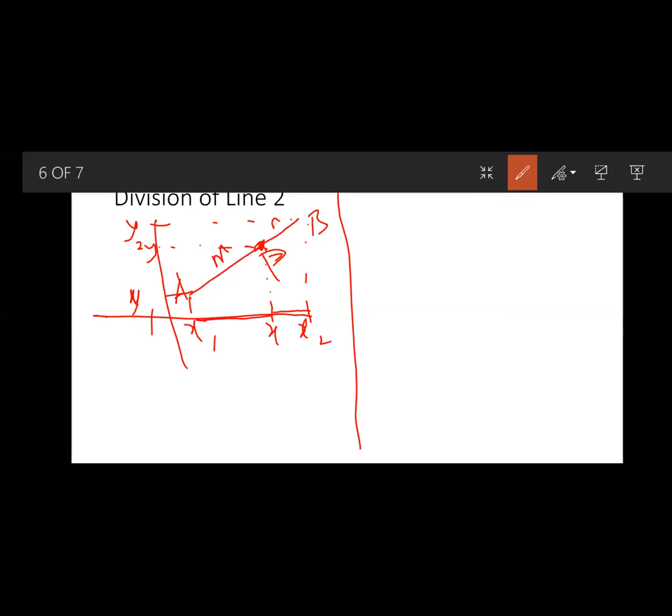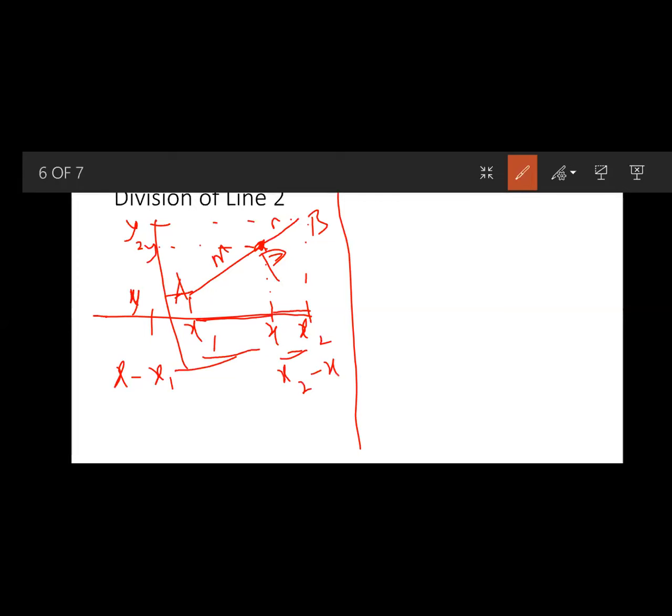So when you find the distance from here to here, and the distance from here to here too, from what we have done so far, the distance from here to here will give us x minus x1. Then the distance from here to here will give us x2 minus x.